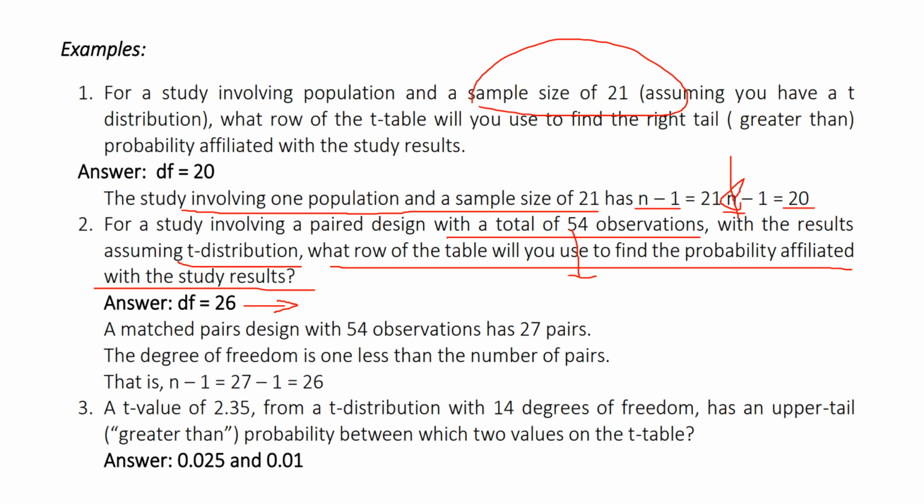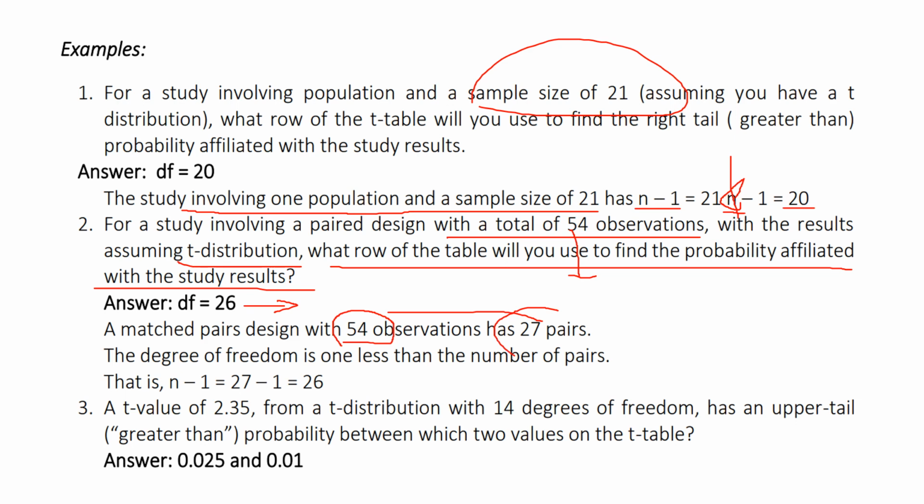So a matched pair design with 54 observations has 27 pairs. So 54 is a matched pair design, no? That's why we need to get the half of this 54 to compute for your degrees of freedom. So we need to divide this 54 by 2, and that will be equal to 27.